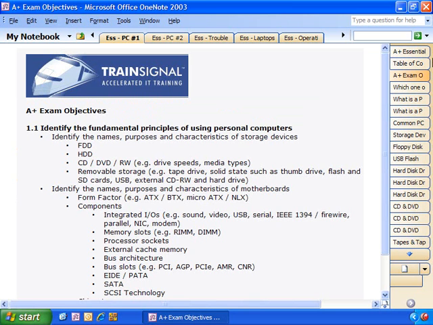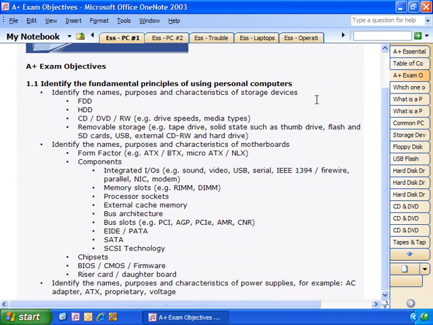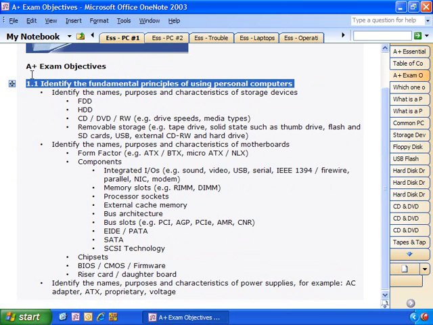Alright, first let's talk about the specific A+ exam objective that we're covering in this video. We'll be covering exam objective 1.1. Now that says that you should be able to identify the fundamental principles of using personal computers.